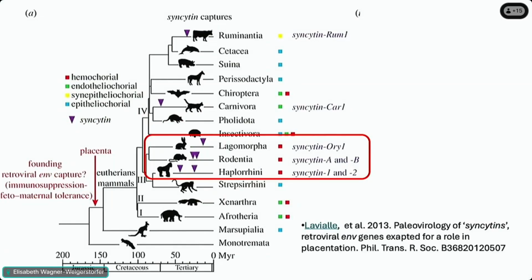We see the same event in rodents and in rabbits and lagomorphs and so on. So our conclusion that some of the syncytial cell types that we identify are actually not homologous to each other is consistent with the independent recruitment of these syncytin genes in different lineages of eutherians. Okay.